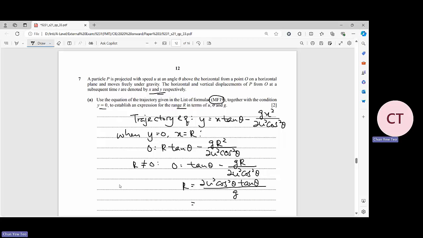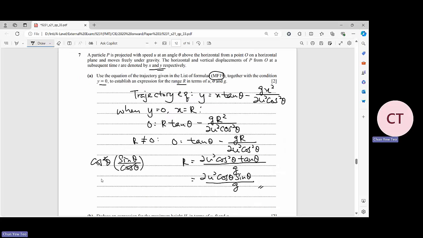But we know that tangent is sine over cos, and if you multiply by cos square theta, this can be cancelled. At the end, you have only cos theta, no square. So you can get 2u square cos theta sine theta over g. You can leave the answer like that.